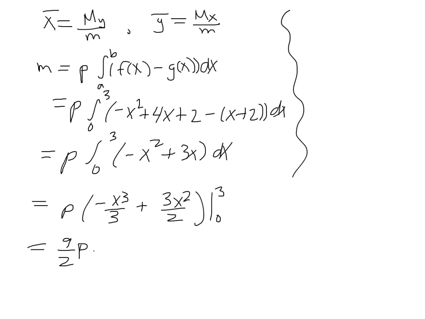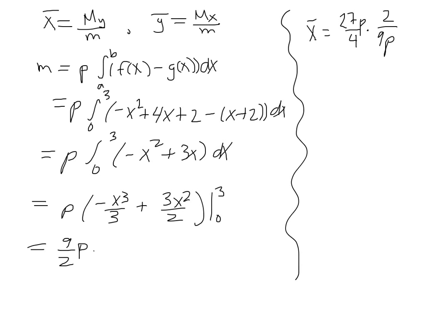Now, using that, we have that x bar is equal to My over m, and we had that My was 27 rho over 4. Dividing by m is the same as multiplying by the reciprocal, so we'll have 2 over 9 rho.